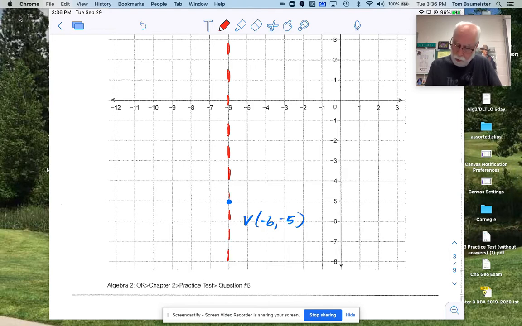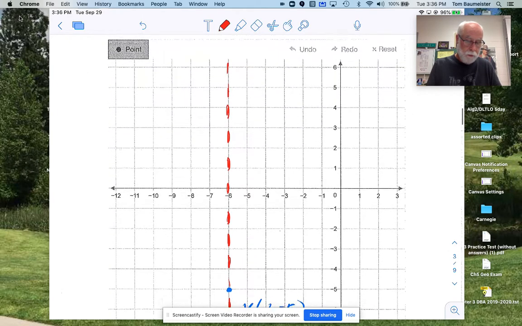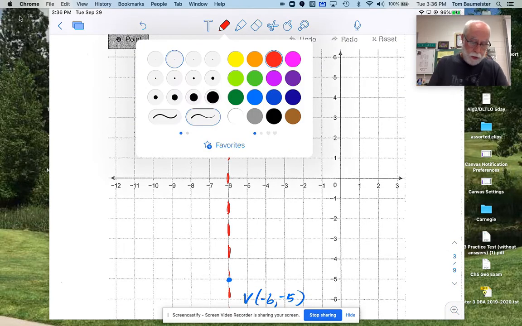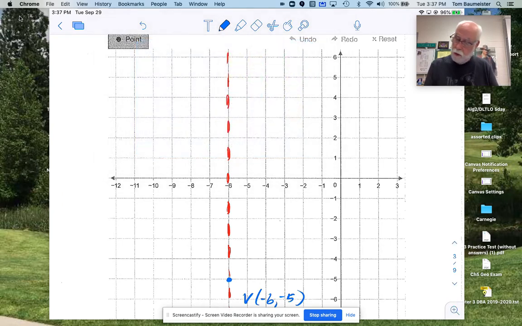And again, remember I told you that would be x is equal to negative 6. Okay, now what they wanted you to do next was they wanted you to find the f, so the y values for the values of negative 2 and negative 4.